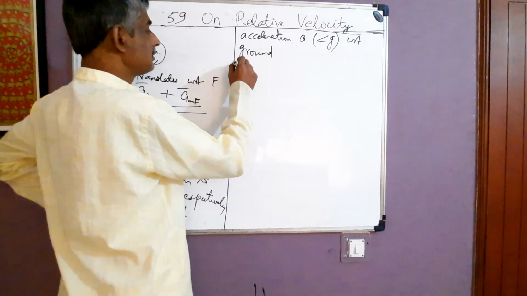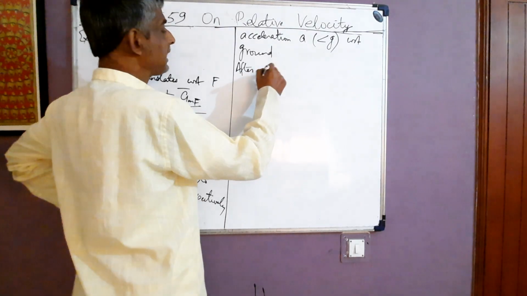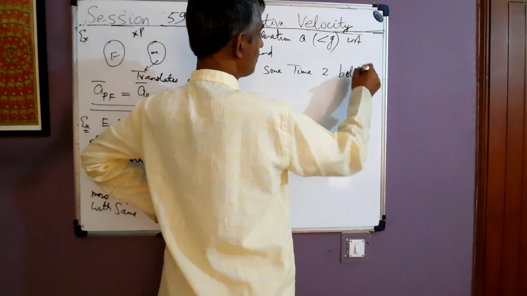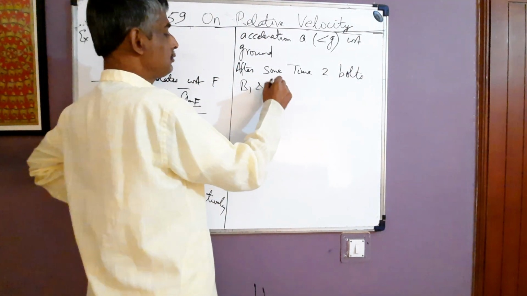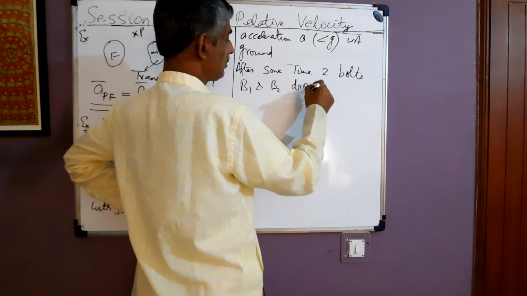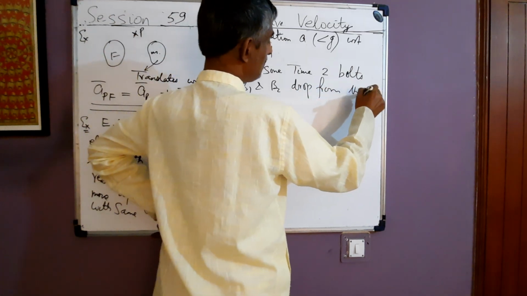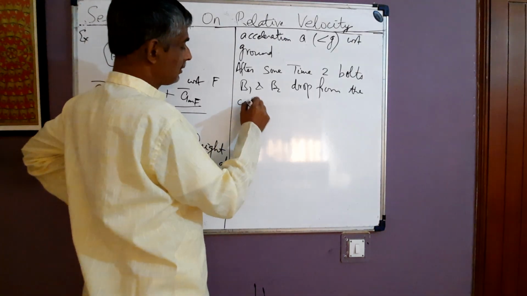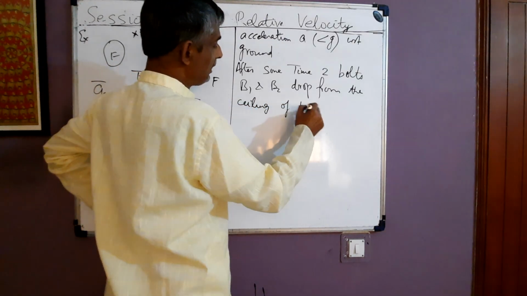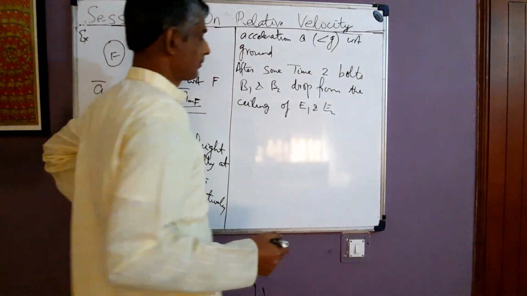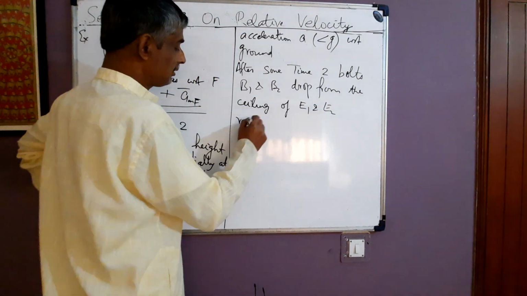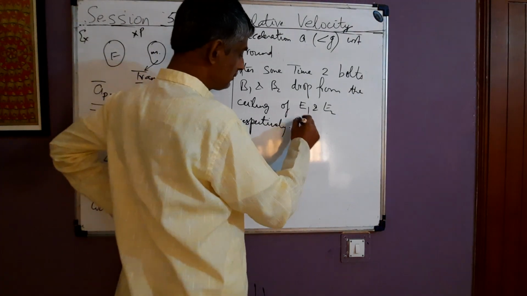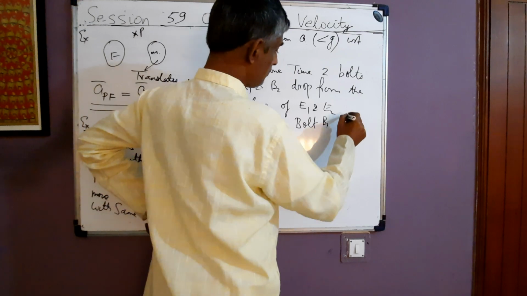After some time, two bolts B1 and B2 drop from the ceiling of E1 and E2 respectively.